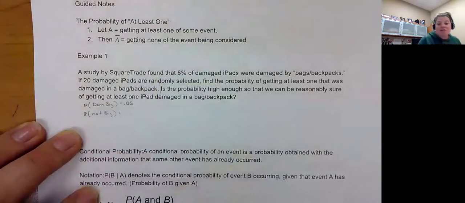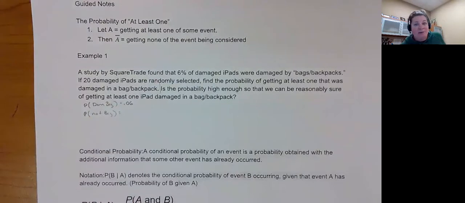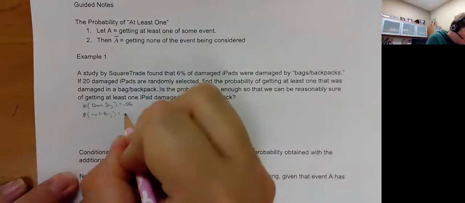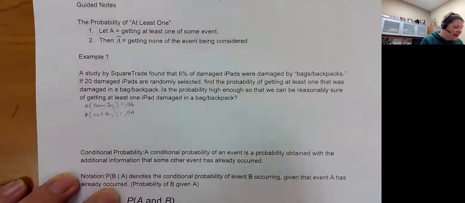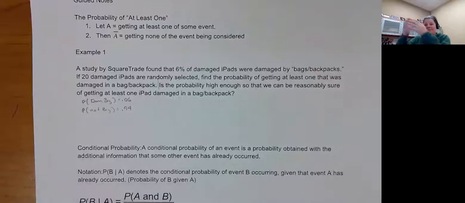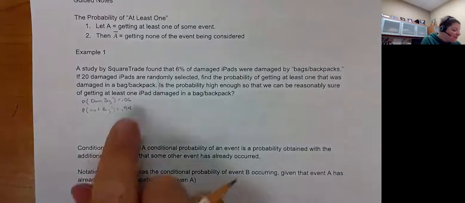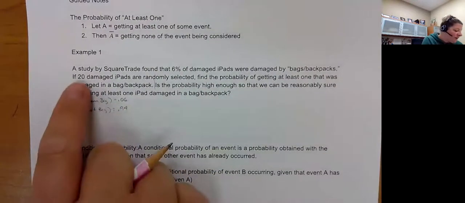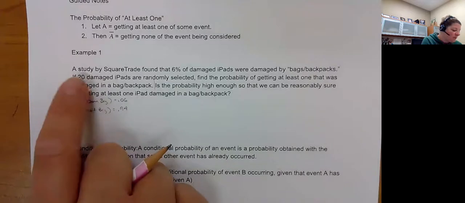It's still damaged, but what's the probability that you sat on it or it fell or whatever other way? That's going to be 0.94, right? Because those are complements. It's either damaged by a bag or it's damaged another way. So we have to use this idea to figure out each of our 20 iPads.